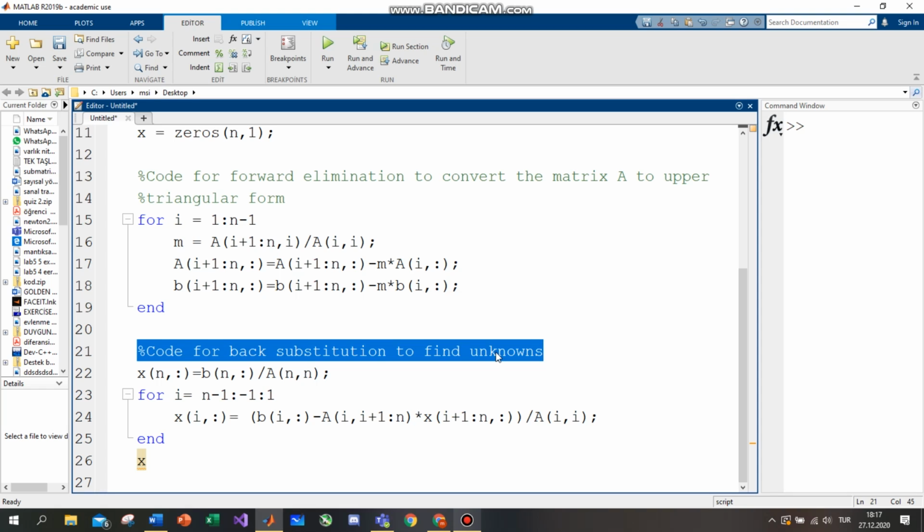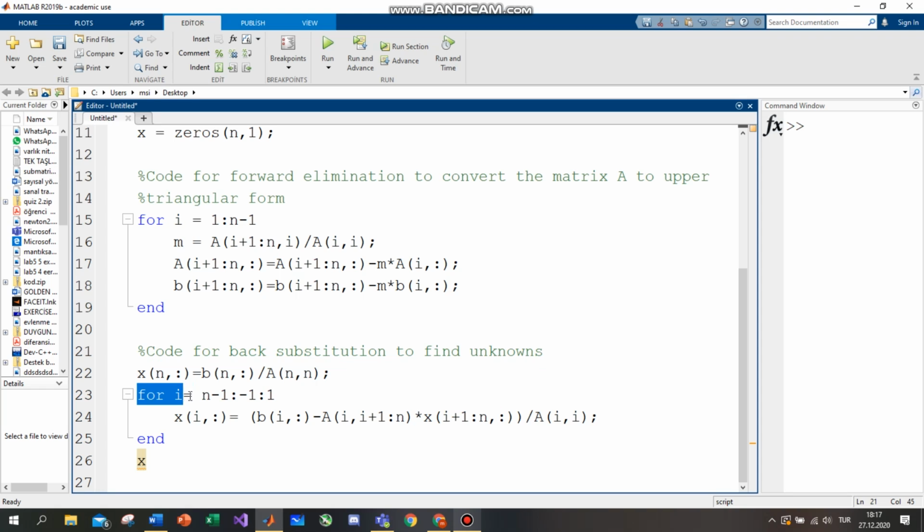We just require finding the values of x by running this code. It is x of n, and this loop goes for i equals n minus 1, step minus 1, down to 1.